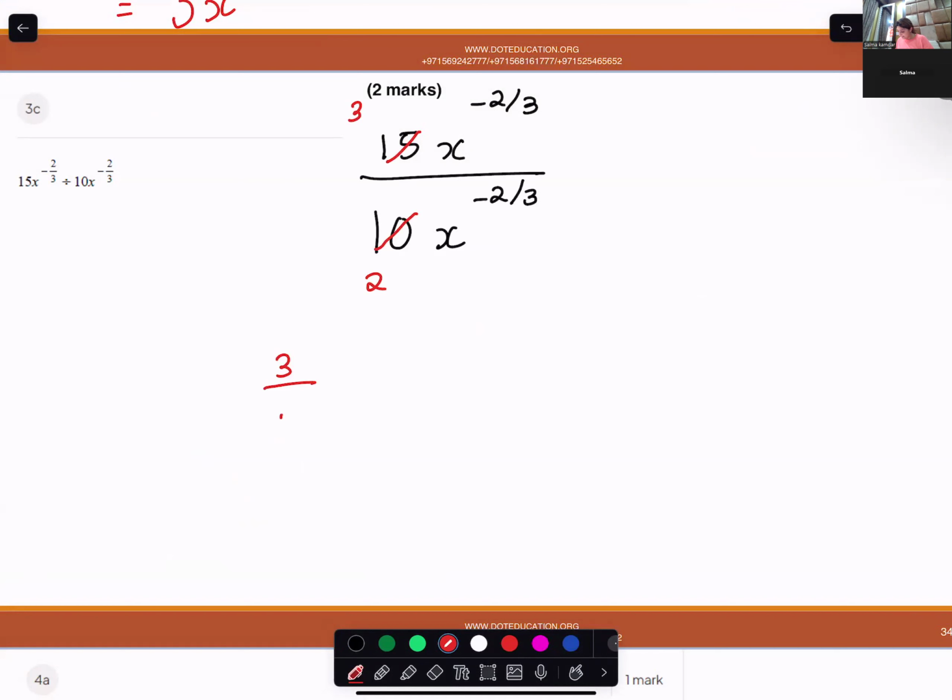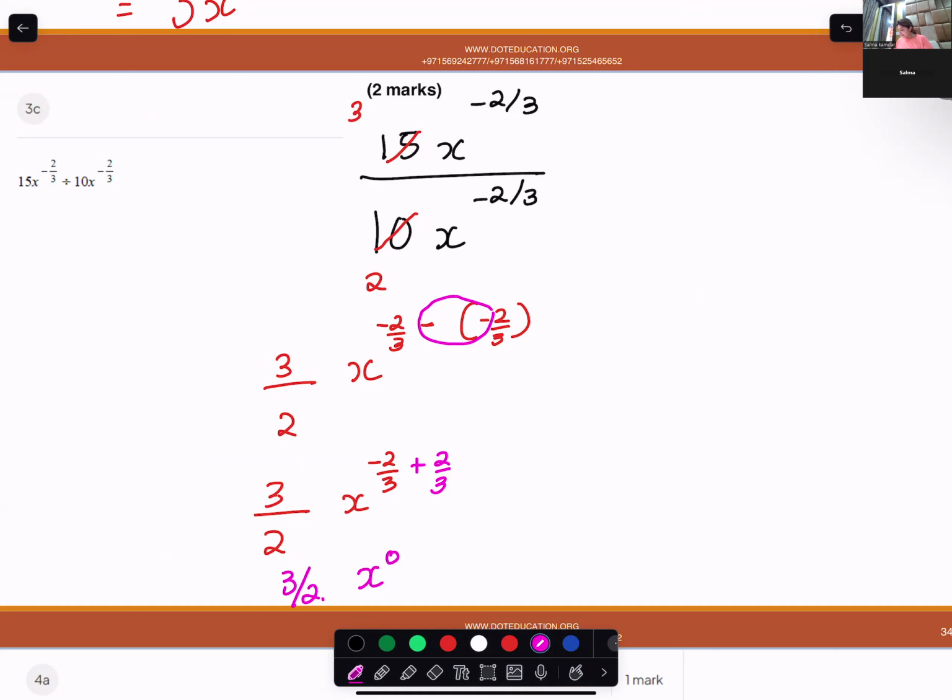So it is 3 by 2 x raised to minus 2 by 3 minus minus 2 by 3. So it becomes 3 by 2 x raised to minus 2 by 3, and this minus and minus would become plus 2 by 3. So it becomes x raised to 0. And the law of indices says a raised to 0 is equal to 1. So the answer would be 3 by 2.